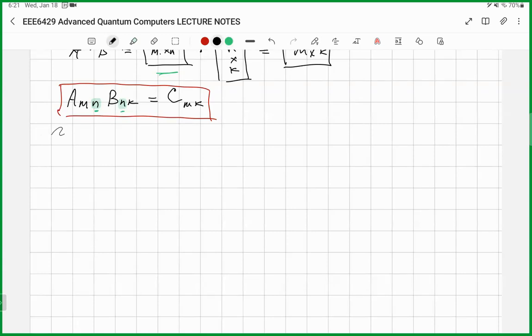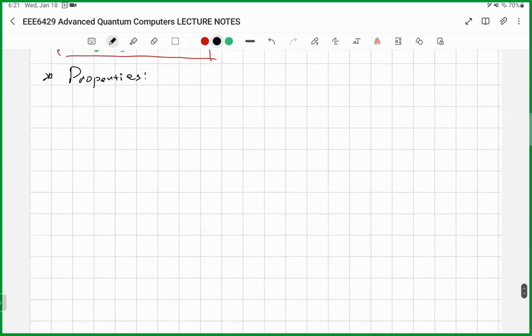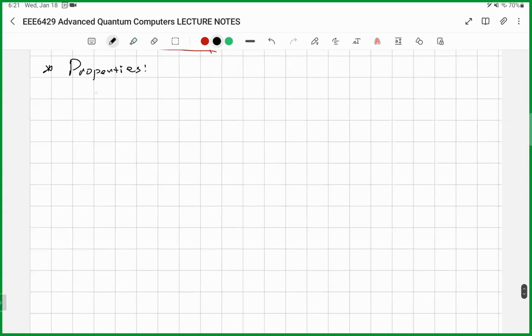Properties of a matrix product. First of all, if you have three matrices, like A, B, and C, and you take the product of three, how can you solve this?